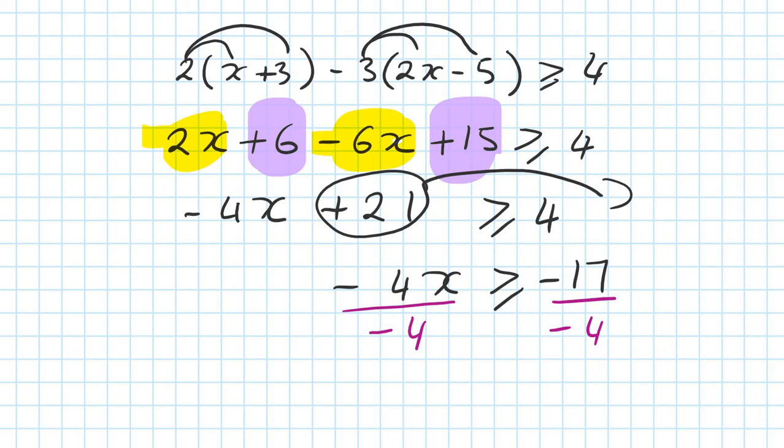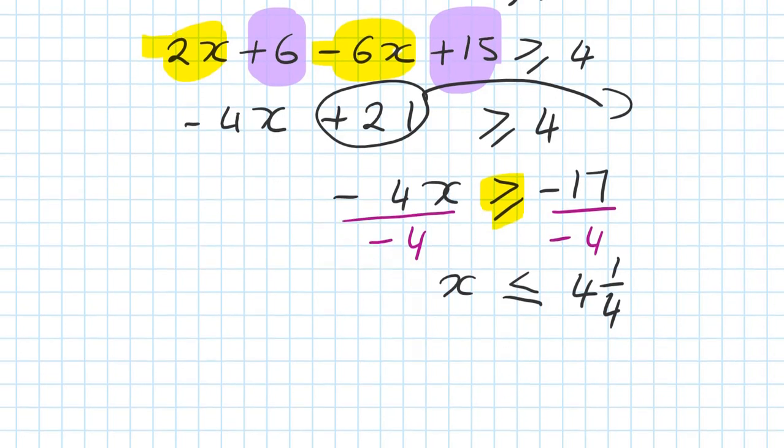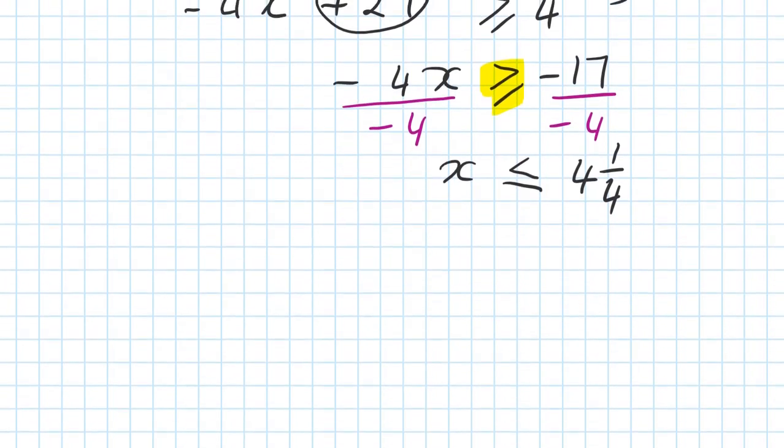Now, the only difference between inequation and equation is when you divide by a negative number, you switch this sign. So that becomes x is less than or equal to, which is 17 divided by 4, 4 times remainder 1, so 4 and a quarter. That is your answer.